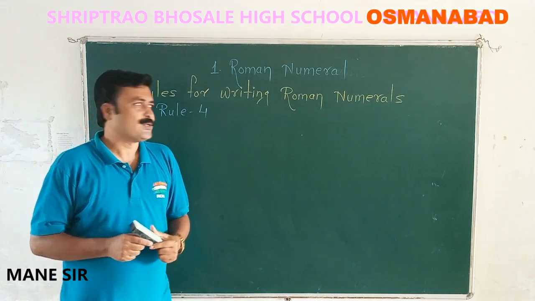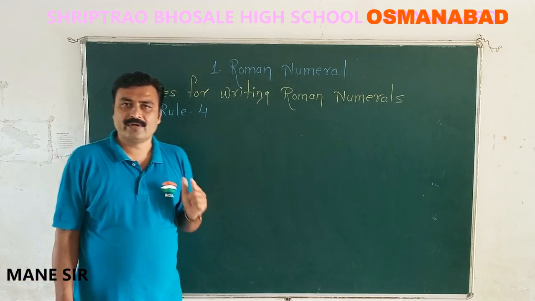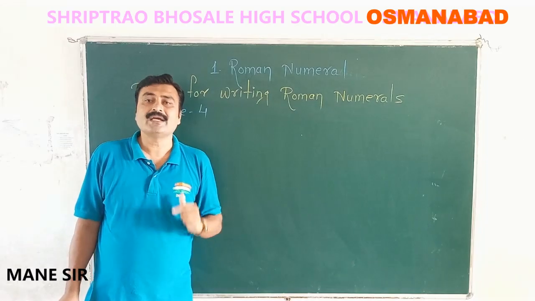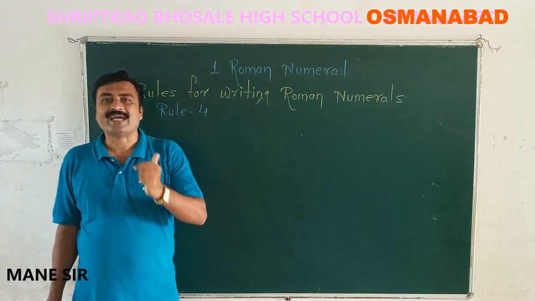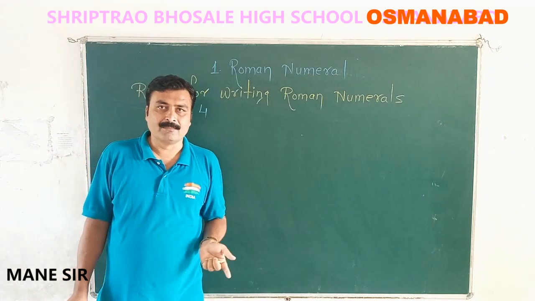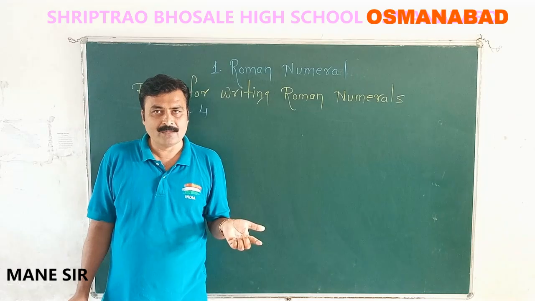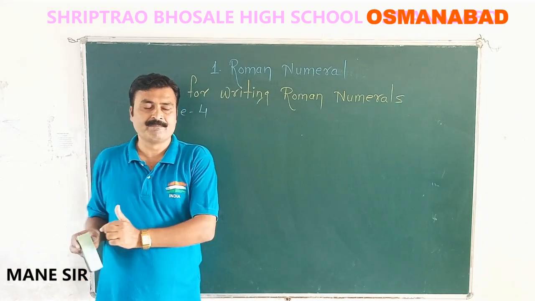So, before taking the examples, here I am stating rule number 4 directly. While writing any international number into Roman sign, first write the expanded form of that number, and all the groups in that expanded form of the number write by using Roman sign.